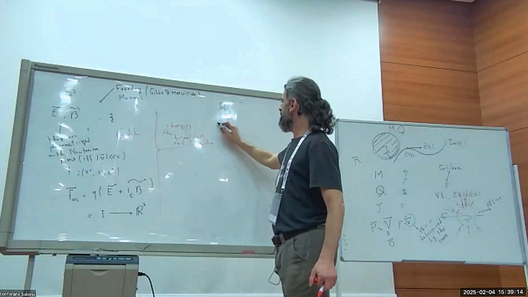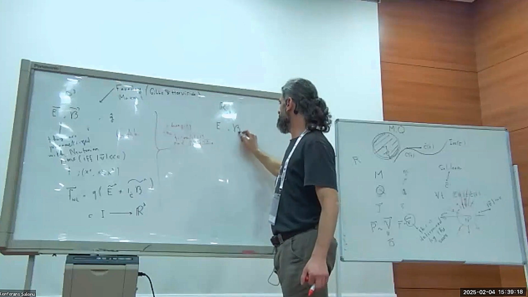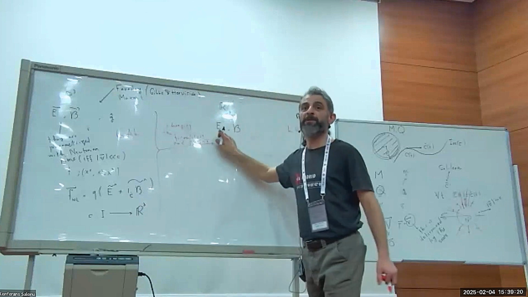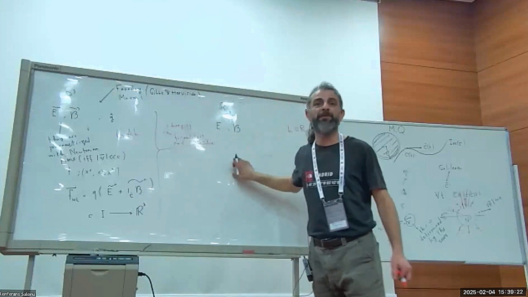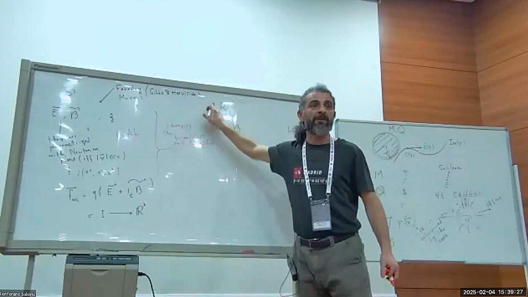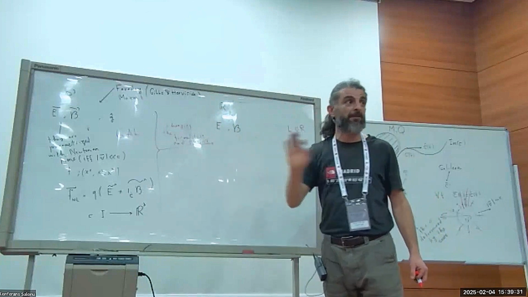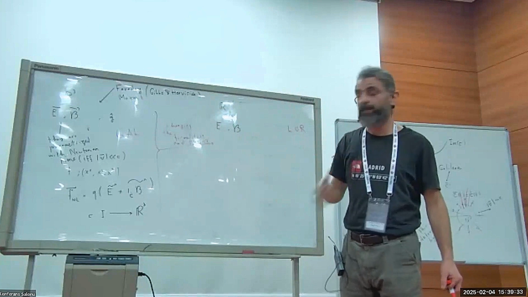So we have again E and B, but they are different from the E and B I have written before, because they are living in four dimensions, not in three dimensions. But I am using the same methods. Be careful about what I'm saying, okay?